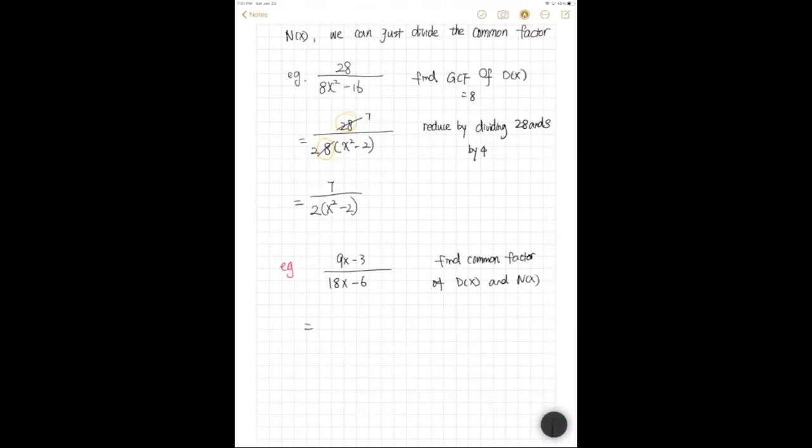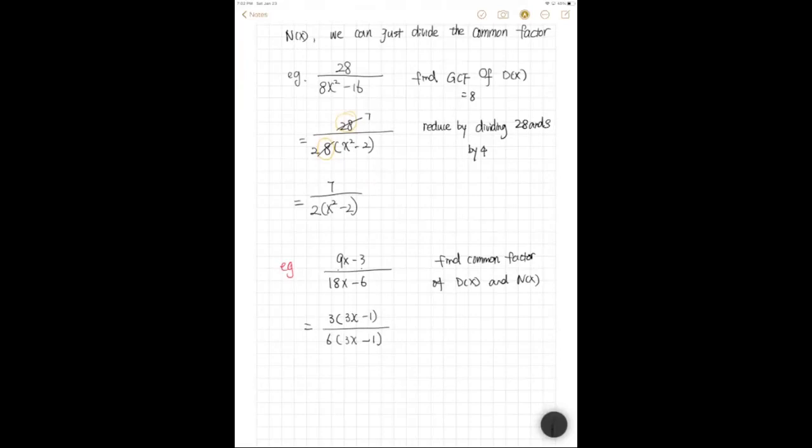So, okay, when you look at the numerator, the polynomial of the numerator, you have a 9x and this 3. So the common factor should be 3. So we have 3 times 3x minus 1 over the common factor of 18x and 6 would be 6. So I will have 3x minus 1.